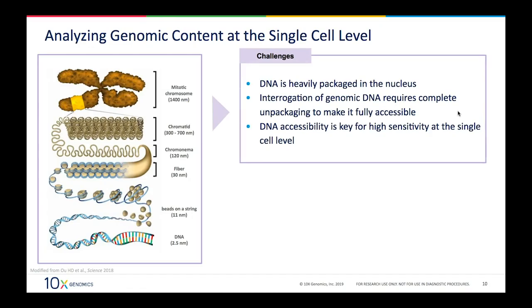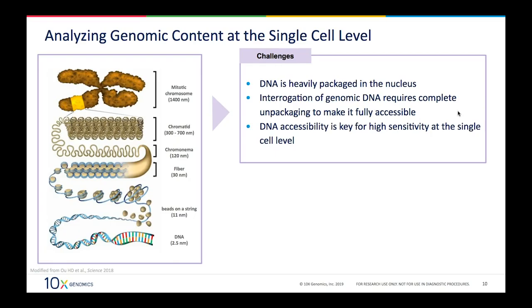And when you do treatments at the bulk level, you're going in and lysing cells, but if you have a cell population, all of this DNA content is getting mixed. If you want to study it at the single cell level, it's important to be able to unpackage the DNA, but you want to keep the cells separated from each other because you want to make sure that you're studying the genomic content of each cell separately.